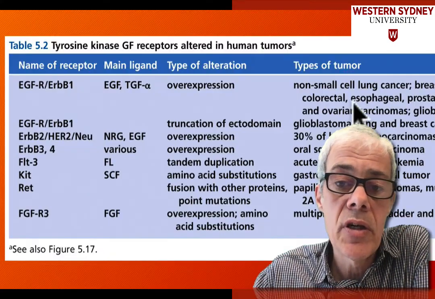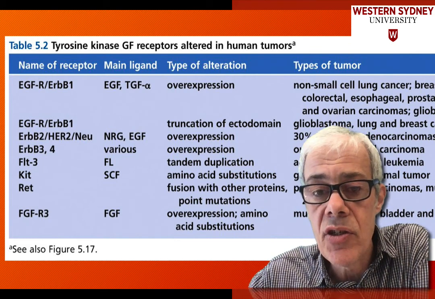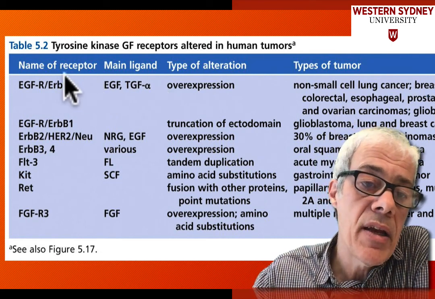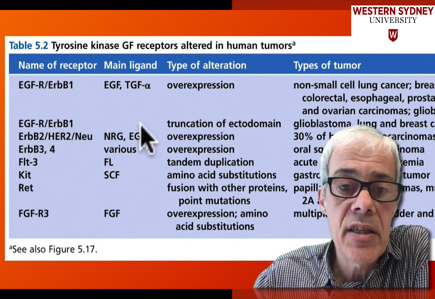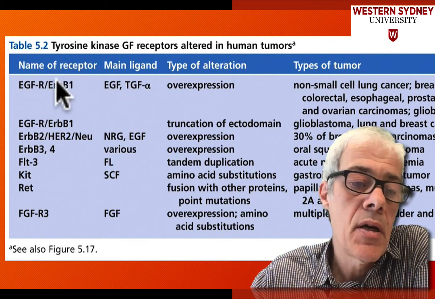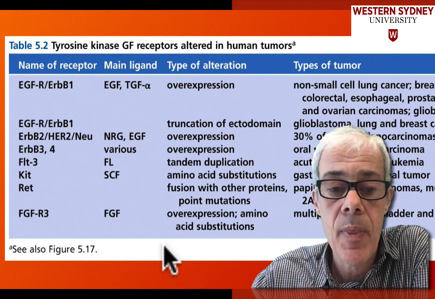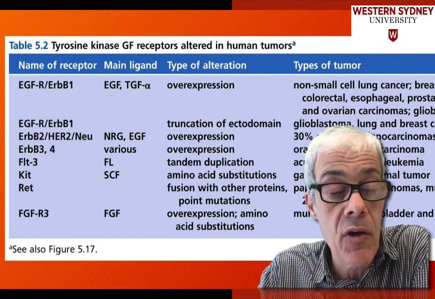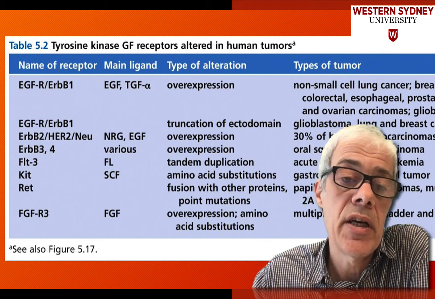So when you look at these different types of tumors now, and you look for mutations in these receptors that have tyrosine kinase domains, there's a whole bunch of different receptors that are mutated and are overactive in the tumors. And all of these receptors are tyrosine kinase receptors. And the discovery of these was partly driven by the understanding of what happens in the Src protein.